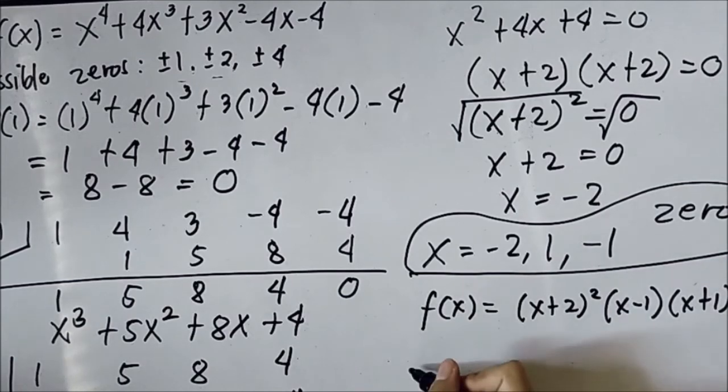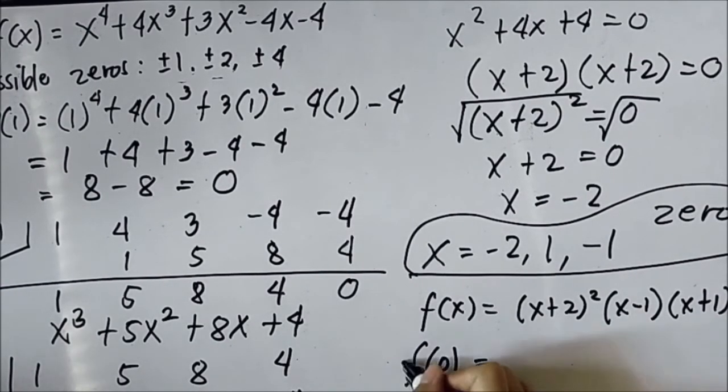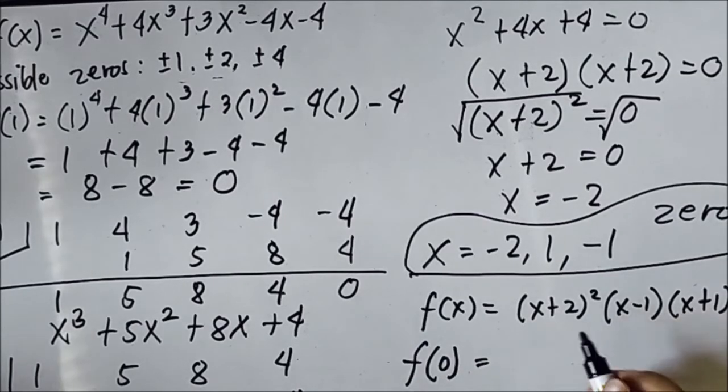And x-intercept. We also solve for the y-intercept by letting p of 0, or let's simply use f of 0. F of 0, since it was used in our equation.